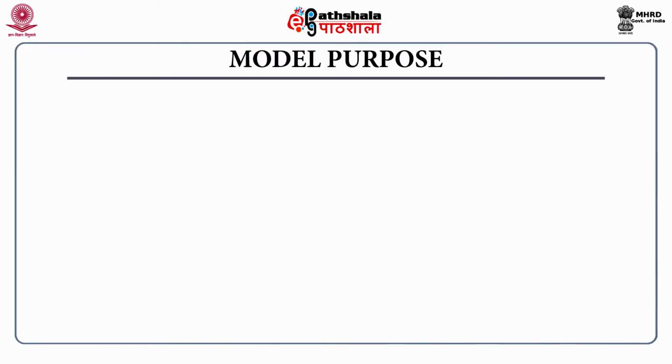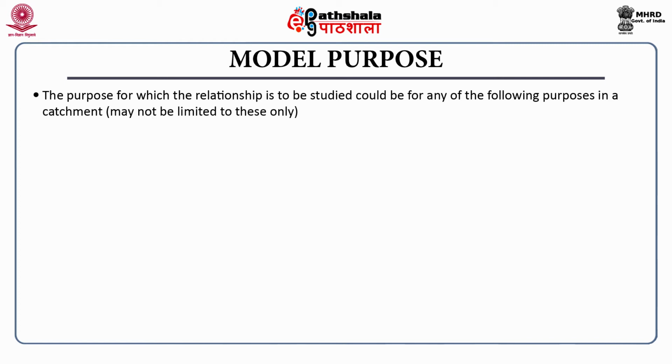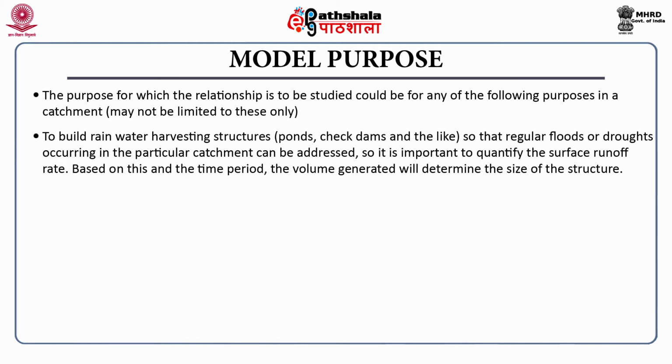Now as far as the model purpose is concerned, as I have been discussing in the previous module also, the purpose as to why we have developed the model is important. Is it to allocate water resources? Is it to allocate water between different demands? Or is it just to find out how much rainwater can be harvested within the catchment?